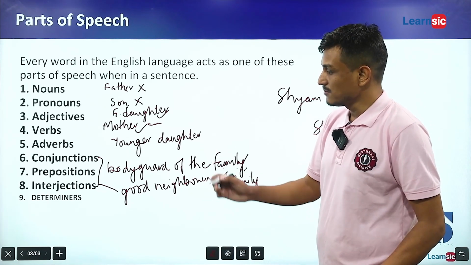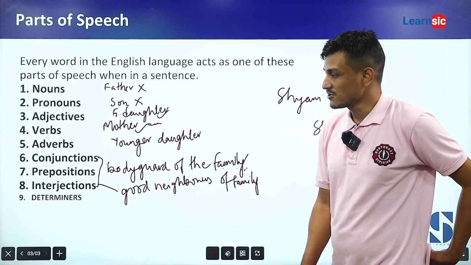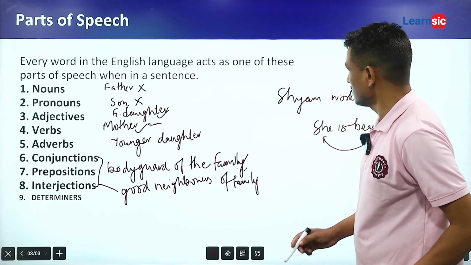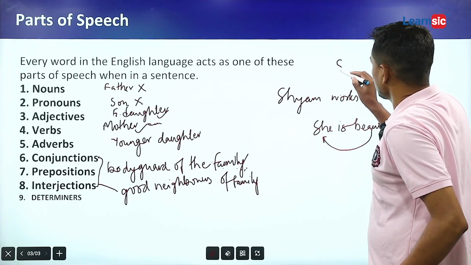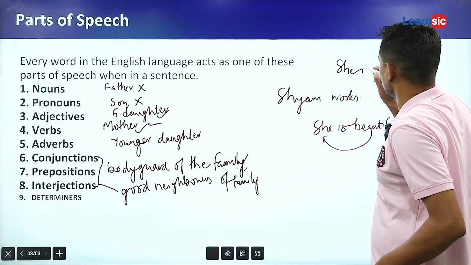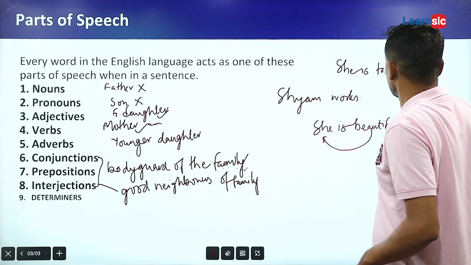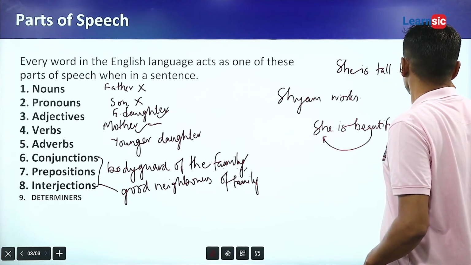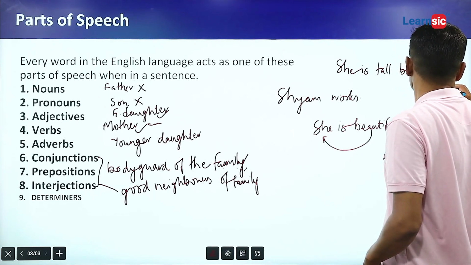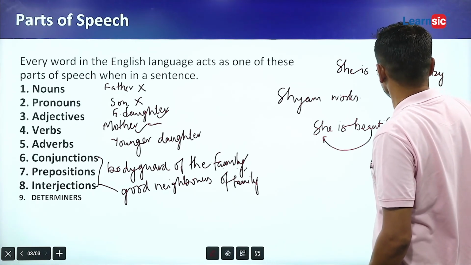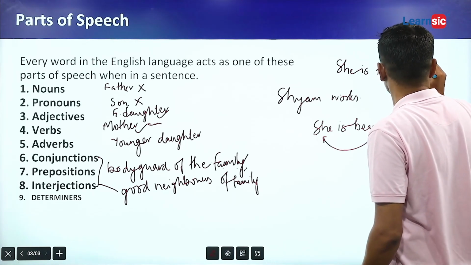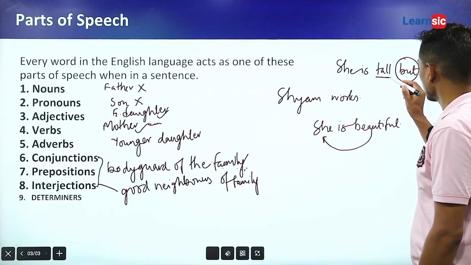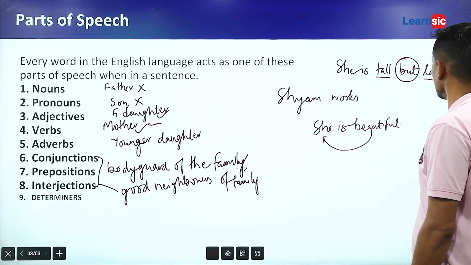So what do I mean by saying conjunctions and interjections are the good neighbors of the family? Let me say, she is tall but lazy. Remember, the word but is a conjunction here, and it has shown a relationship between two words in a sentence.